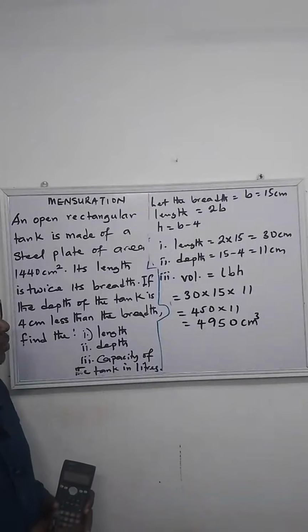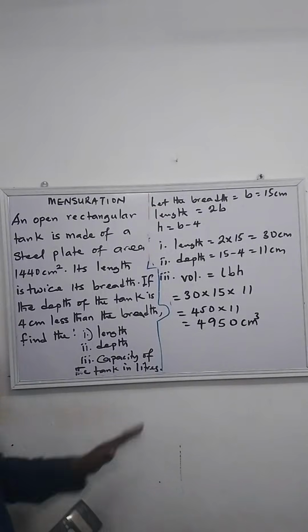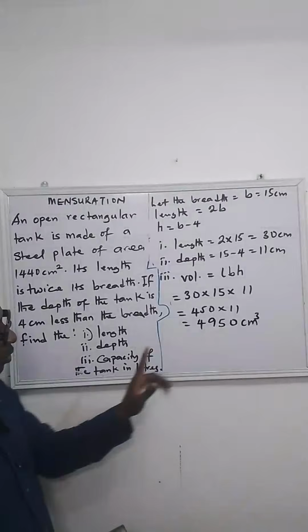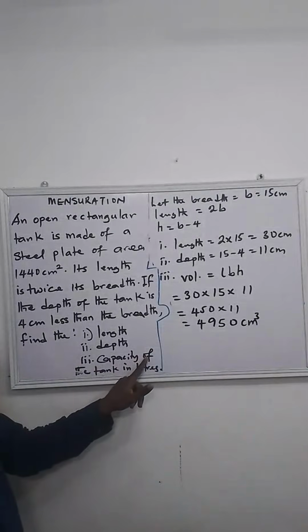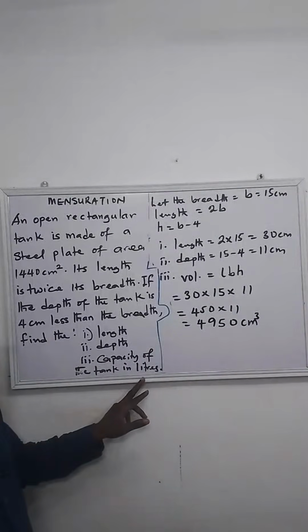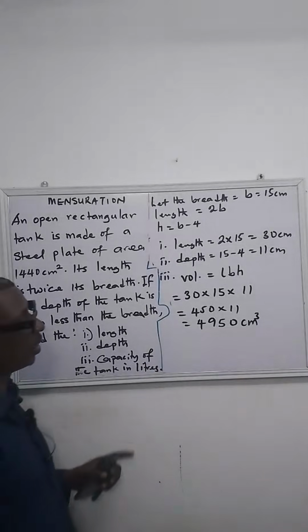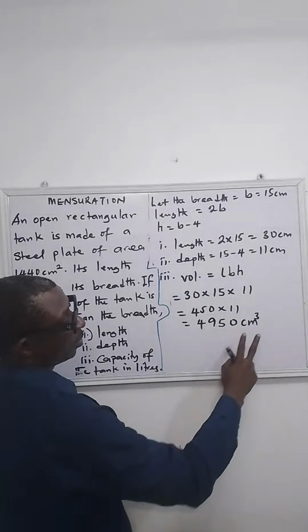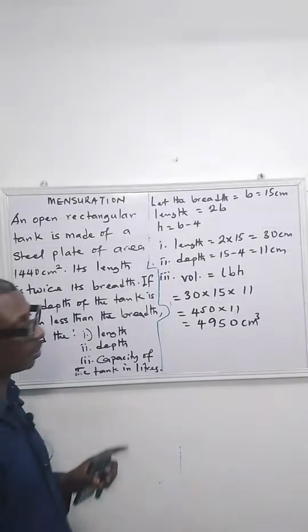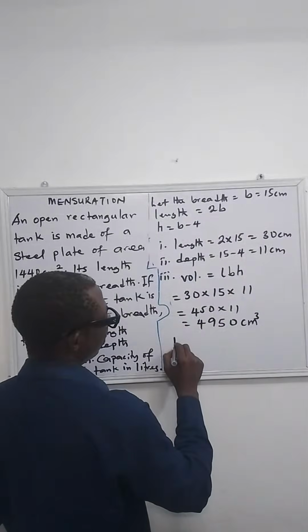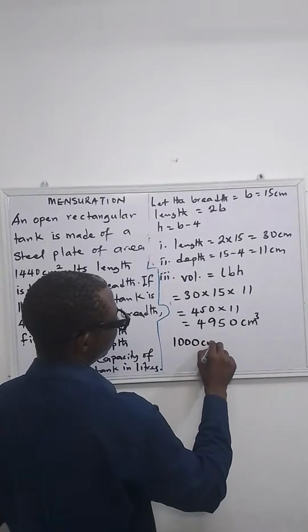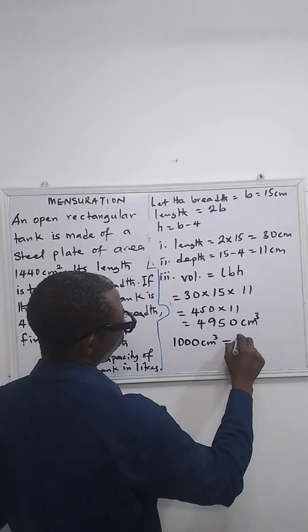Okay. So now don't forget we are not ending here because the question says you should find the capacity in liters. So this must be converted to liters. So now how many centimeter cube make 1 liter? So we have 1,000 centimeter cube is equal to 1 liter.